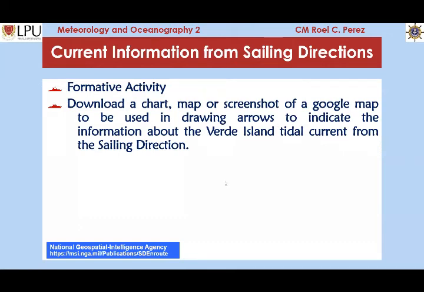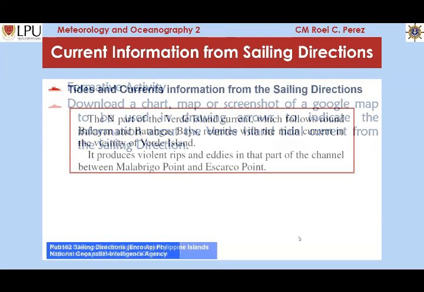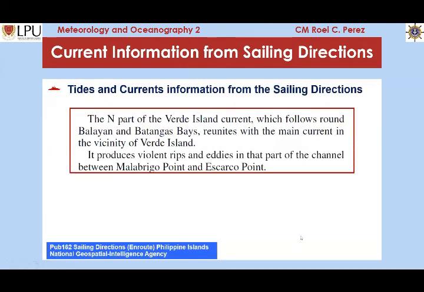So in that case, if you can do it perfectly, then it means when you become second mate, you can also delineate the currents that are processed from information from the sailing direction. So naintindihan niyo ba our formative activity?